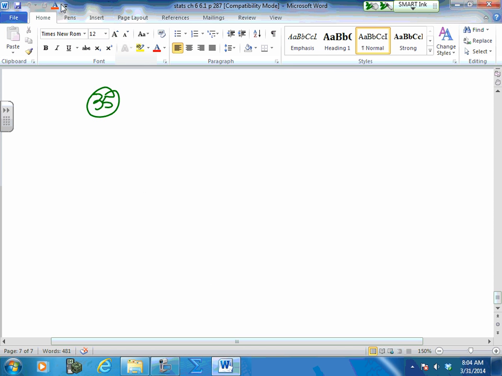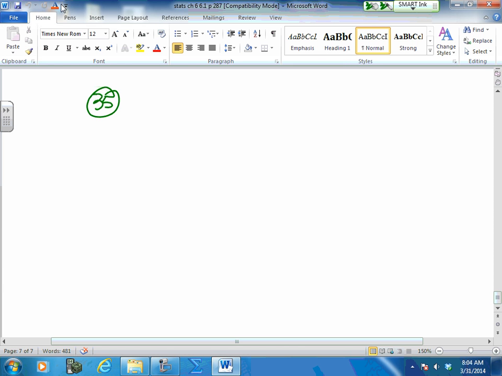It says a random sample of 156 fields of durum wheat has a mean of 26.8 bushels per acre and a standard deviation of 8 bushels per acre. We need to find a 90 and a 95% confidence interval.